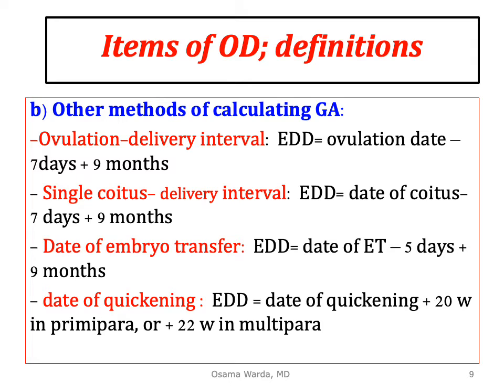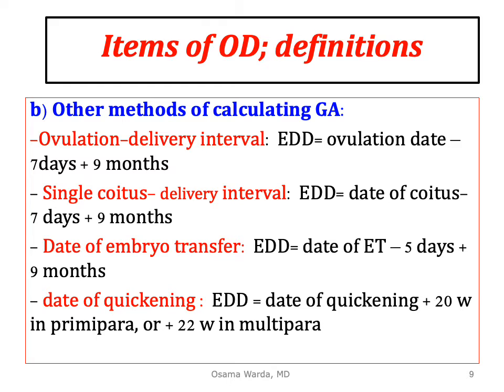If the patient had a single known coitus, the expected date of delivery is calculated by subtracting 7 days from the date of that single coitus and adding 9 months. In cases of IVF, the expected date of delivery is calculated by knowing the date of embryo transfer, subtracting 5 days from that date and adding 9 months.